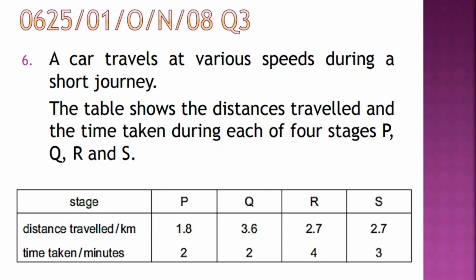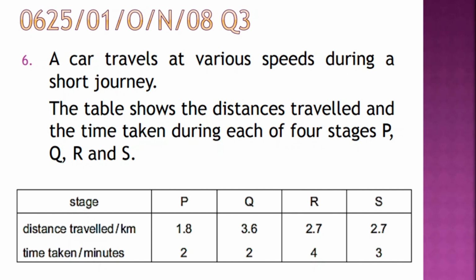Now for the stage Q, the total distance traveled is 3.6 and the total time taken is 2 minutes. Dividing 3.6 by 2, you will get 1.8 kilometer per hour. Then for the stage R, the total distance traveled is 2.7 and the total time taken is 4 minutes.